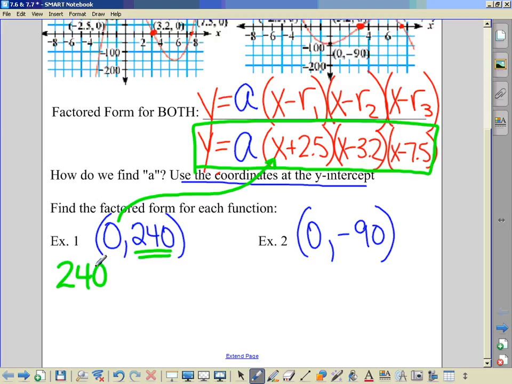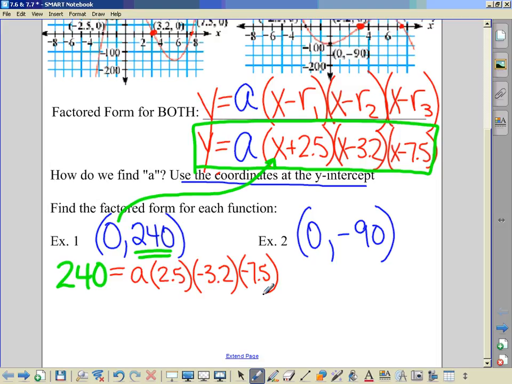So it would say 240 equals a times 0 plus 2.5 is 2.5. 0 minus 3.2 is negative 3.2. 0 minus 7.5 is negative 7.5. So here's one equation that we'll use to find a.